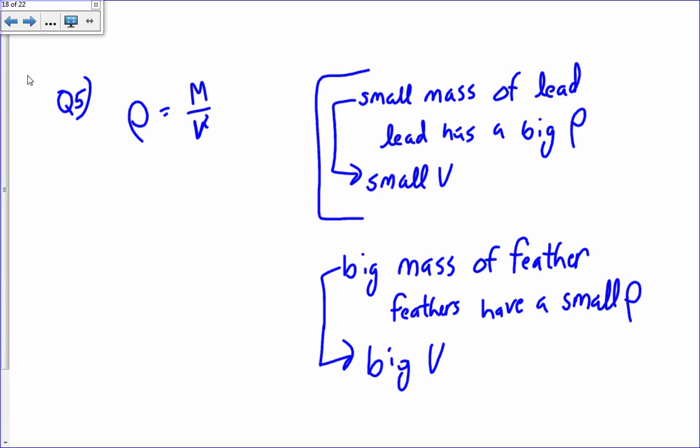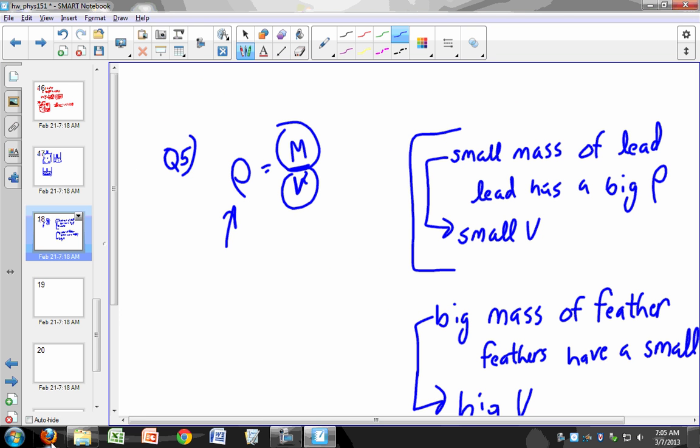Well, this is a pretty good method to determine what are unknown substances. If you know the volume of an object and the mass of an object, then you can calculate its density. And if you look at our table, this is on your equation sheet, but it's also in the book.